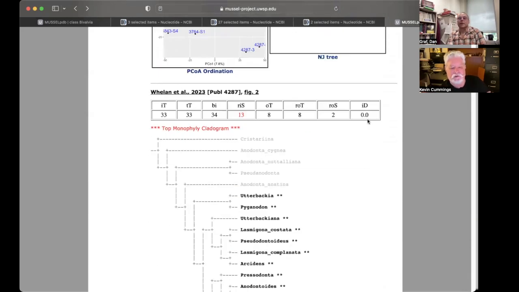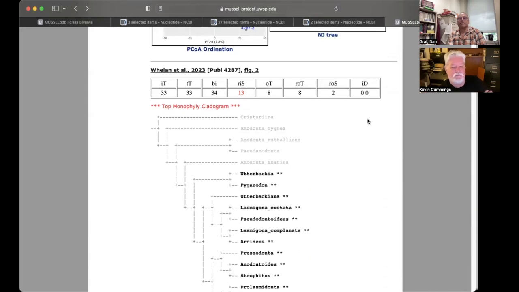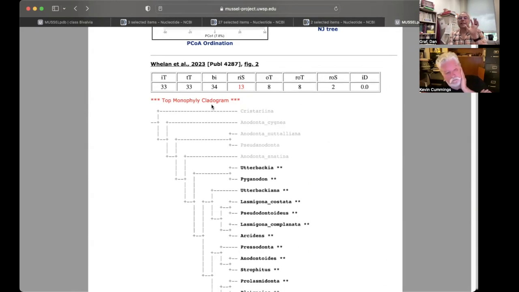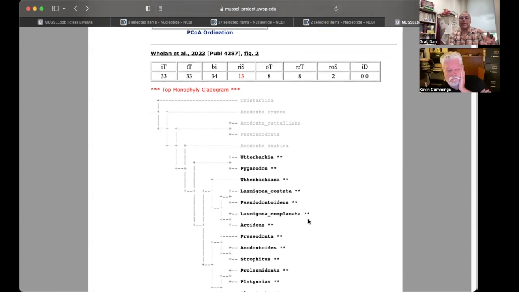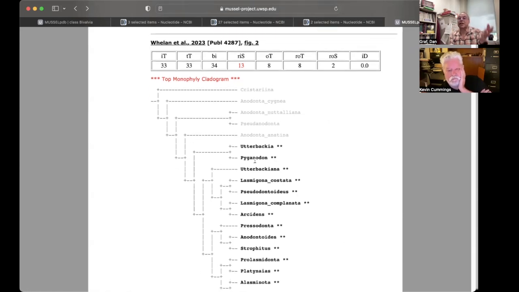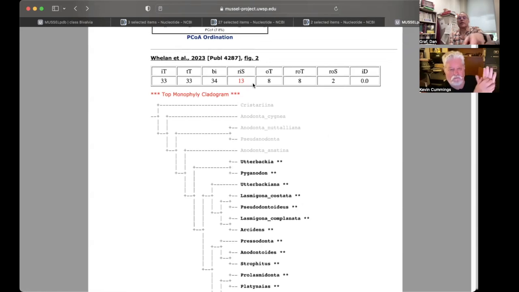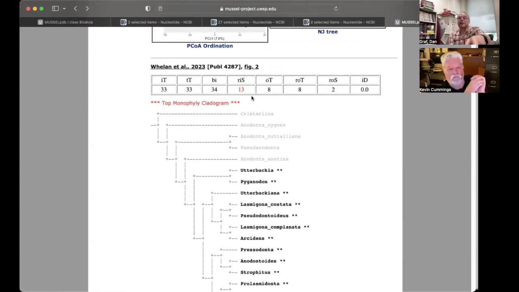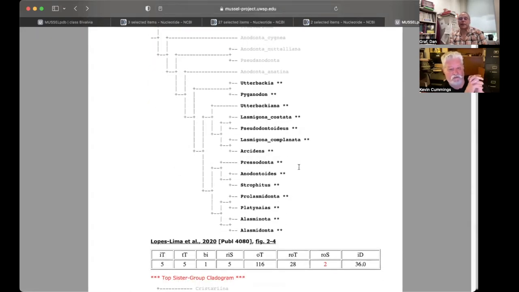And finally, the thing in red there, the top monophyly cladogram in the RIS. That's the main one. The tree that is the top monophyly cladogram is the best one for testing, in this case, whether Elasmodontina is monophyletic, and it has the highest rigorous in-group sampling, so it has the most genera.